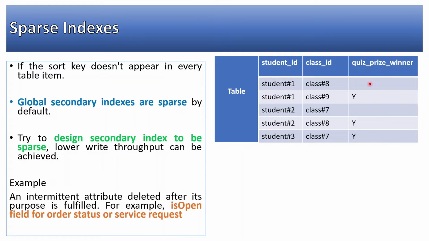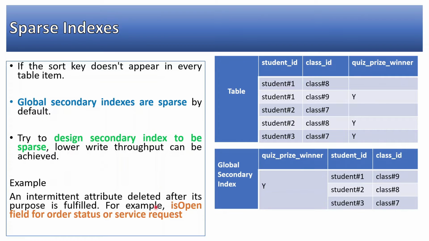Now if we create a GSI or LSI with this as a sort key, and say this is my partition key, then I can fetch all the students who have won the prize. Or I can keep a year also in addition to this column, which will help me find the students in a respective year who have won the awards.